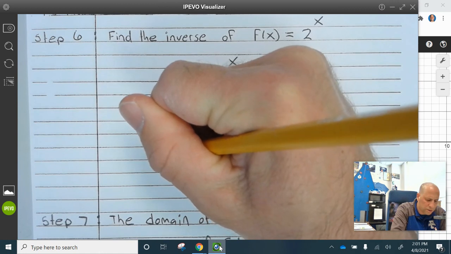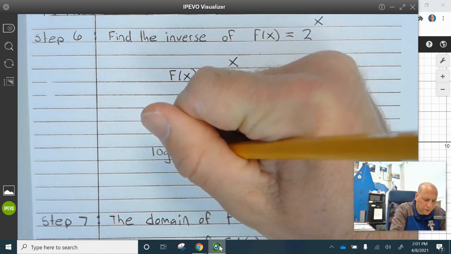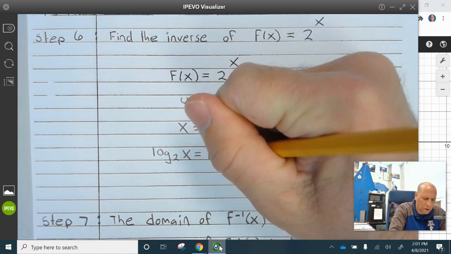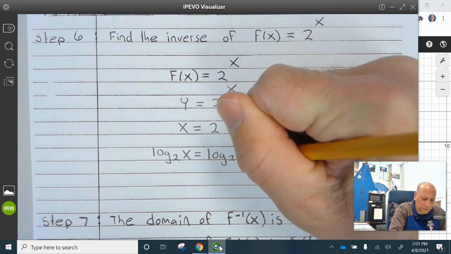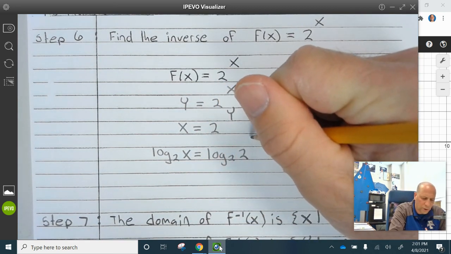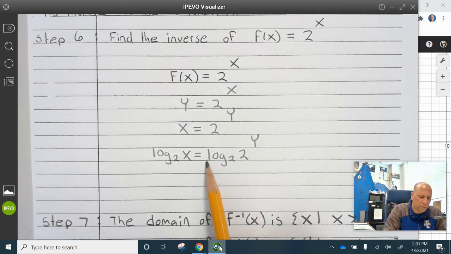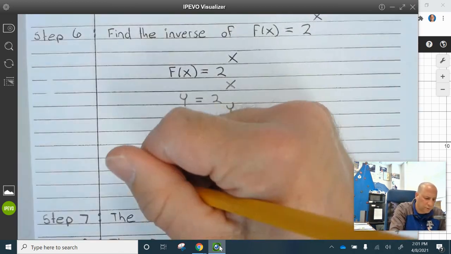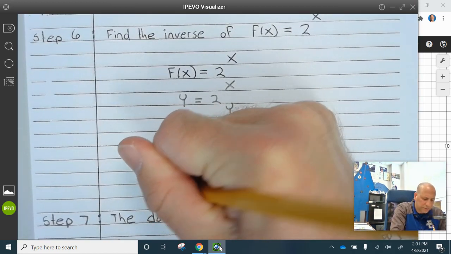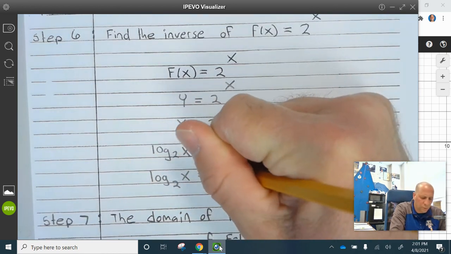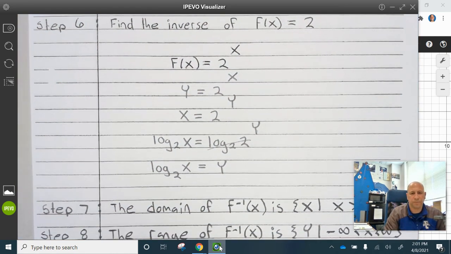So log base 2 of x and log base 2 of 2 to the y. Now, log base 2 of 2 cancels and you're left with y. So log base 2 of x equals y is your inverse.